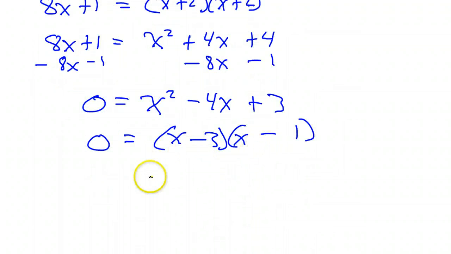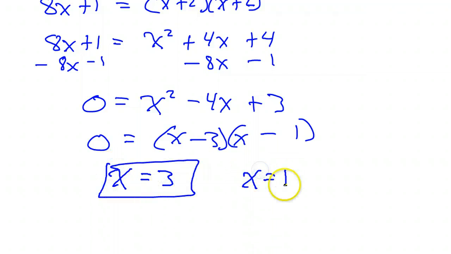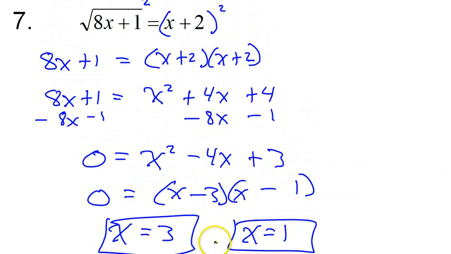If I set each of these equal to 0, that's going to give me x equals 3, and I will get x equals 1. Now, we need to at least mentally check back to make sure that neither of these will be extraneous. If I put 3 in here, that's going to be 24 plus 1 is 25. Square root of 25 is 5.